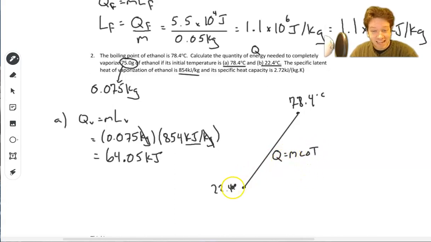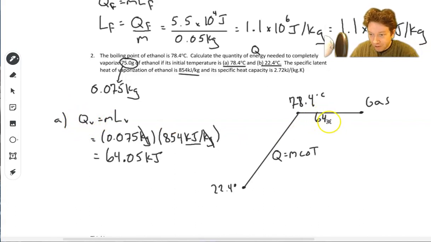But the question isn't asking how much energy is required to bring it up to its boiling point. It's how much energy is required to completely vaporize it. So we need to boil it as well. So we need to add the energy required to actually vaporize it into a gas. And that's going to be what we just calculated in part A, the heat of vaporization. So we already know that.